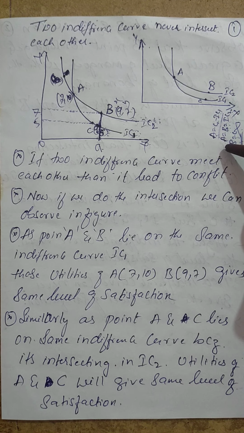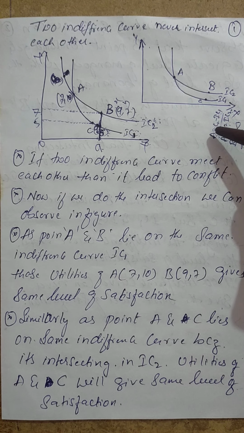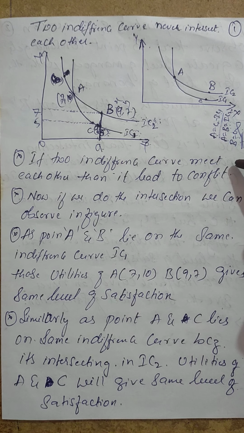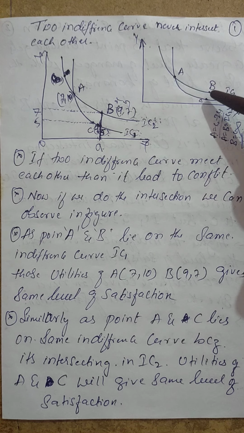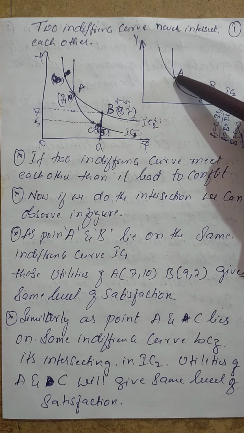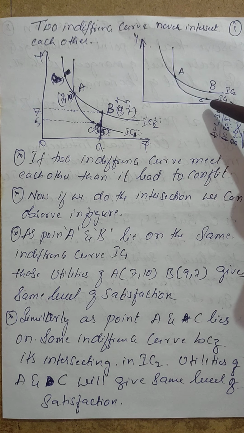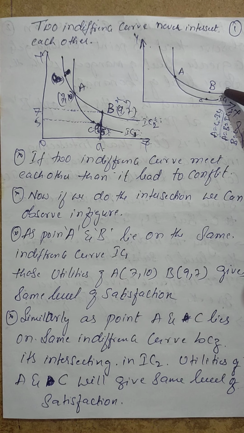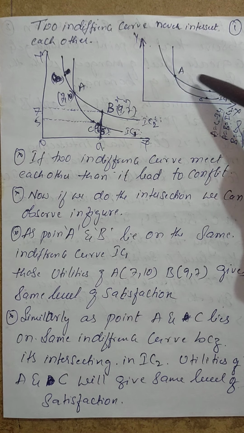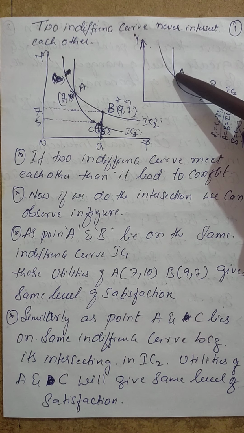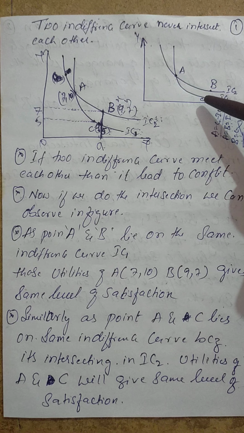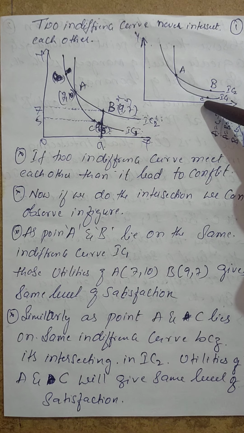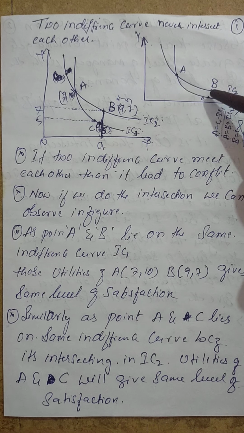But according to the mathematical logic, A and C and A and B are intersecting here. So if A is equal to C, and A is equal to B, then B must be equal to C, right? According to the mathematical equation, B must be equal to C, but this does not happen.